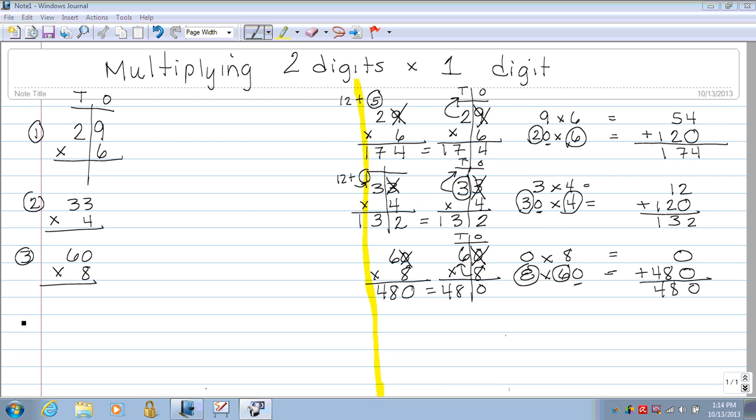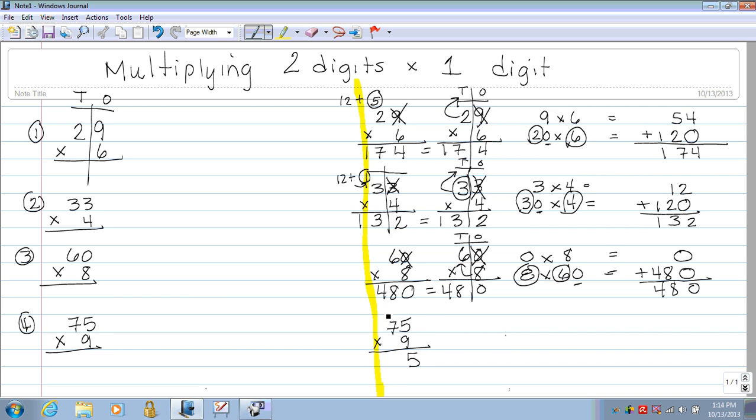Let's try another one. I have 75, and I'm going to multiply 75 by 9. If I multiply the two digits in the ones place value, I know that 5 times 9 is 45.